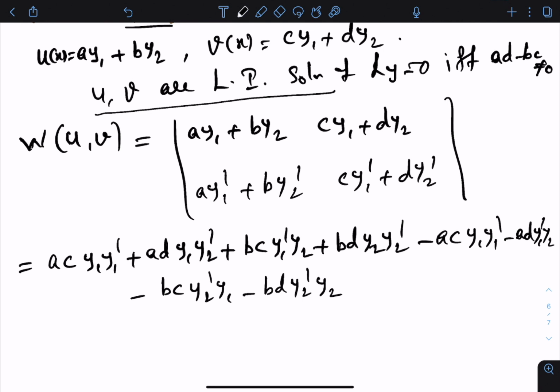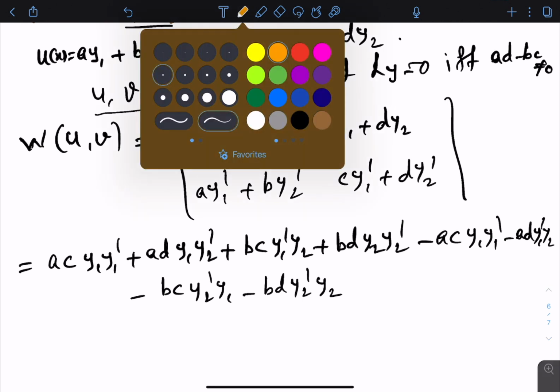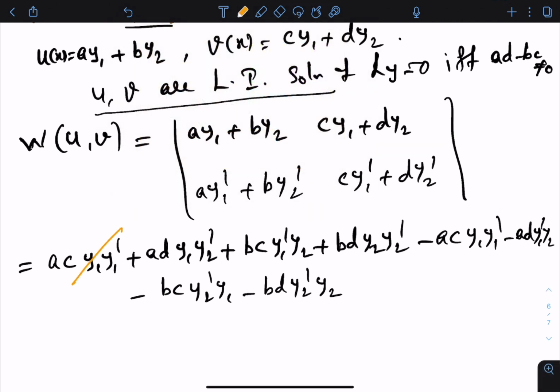Now you see that this goes off. What else goes off? Y1 prime Y2. So okay, what else goes off? Y2 prime. These two go off, right?